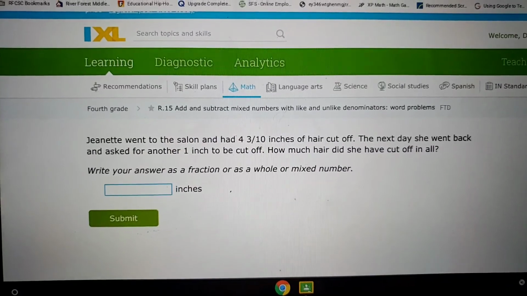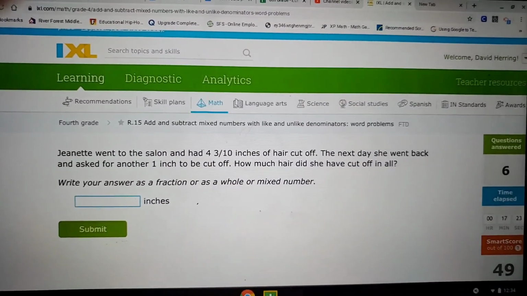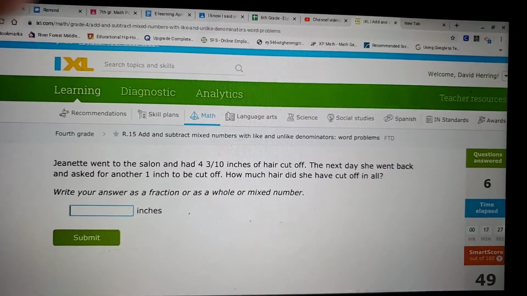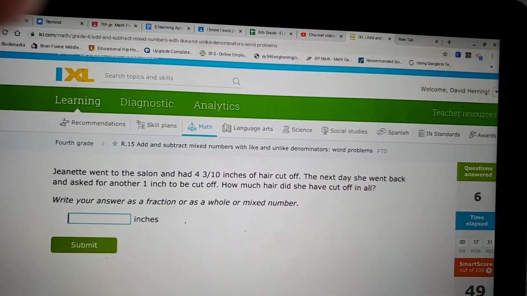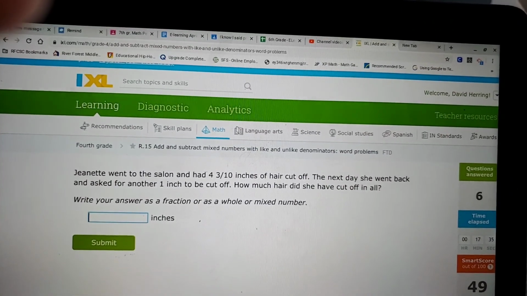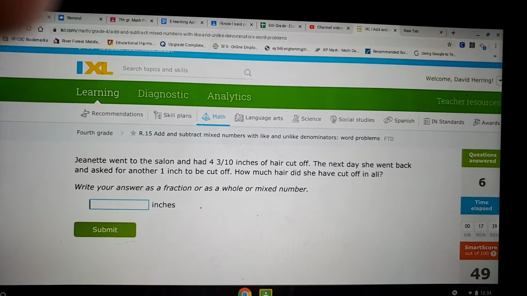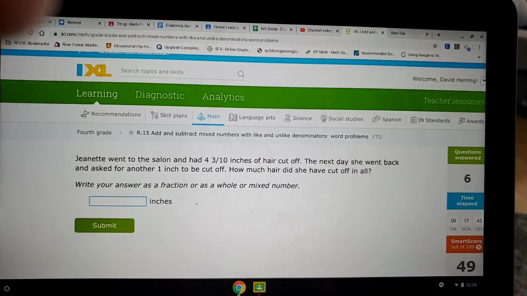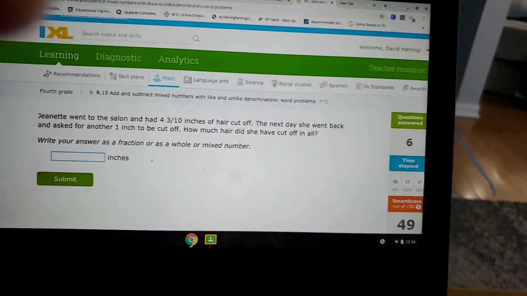Okay, so Jeanette went to the salon and had 4 3/10 inches of hair cut off. The next day, she went back and asked for another 1 inch to be cut off. How much did she have cut off in all? Again, we're combining the total amount of hair that was cut off. So we're adding these 2. It's a mental problem, really.